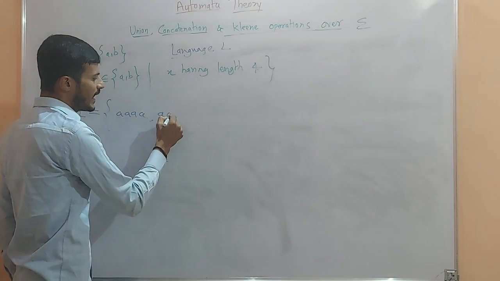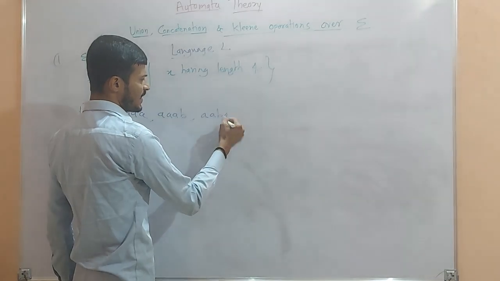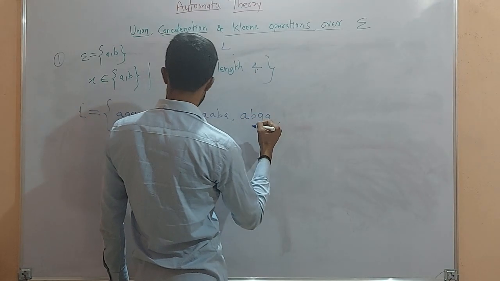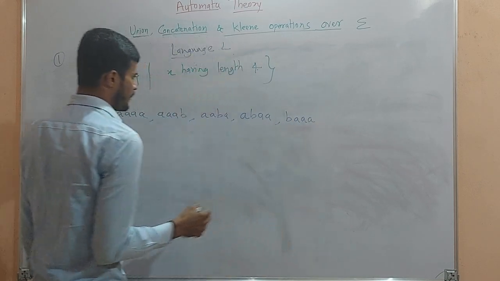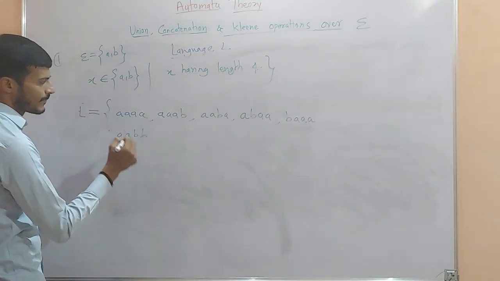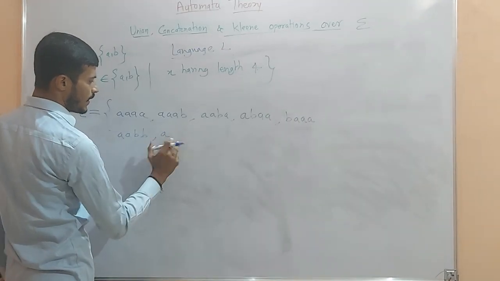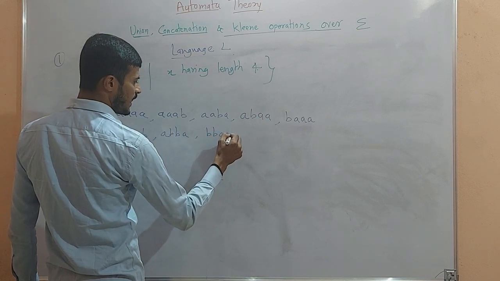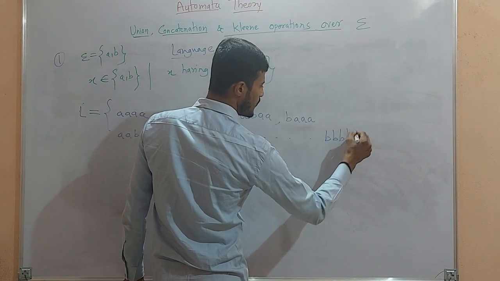Then AAAB, then AABA, then ABAA, then BAAA, then AABB, and so on. It will be up to BBBB.